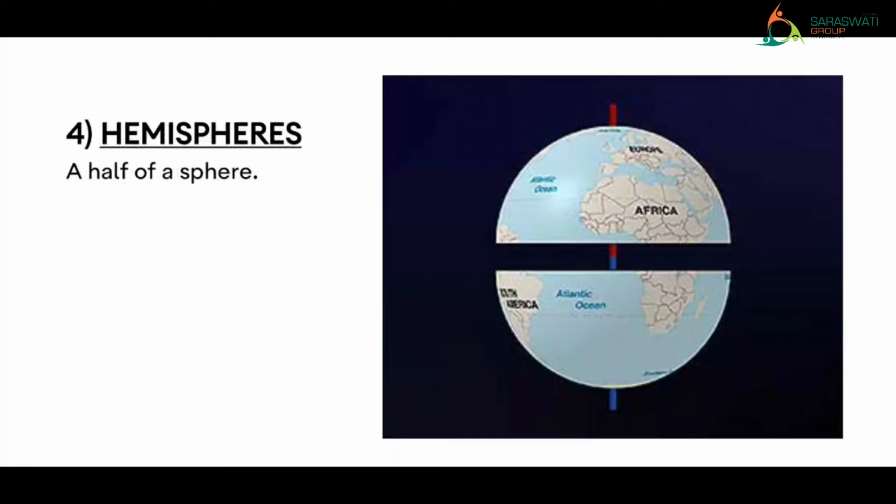The part towards the red line, that is towards the north, is called the northern hemisphere. And the part towards the blue line, that is towards the south, is called the southern hemisphere. So hemisphere means a half of a sphere. Clear?